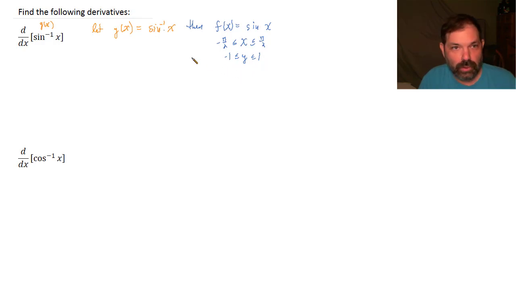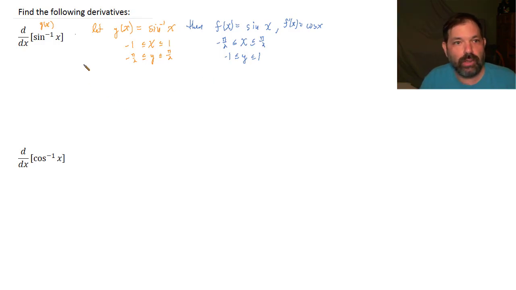And so then for this inverse function, we invert the domain and range. And so for the sine inverse function, it's only valid where x is between negative 1 and 1, and its outputs are between negative pi over 2 and pi over 2. We also know that for f of x, its derivative, f prime of x, is cosine x.